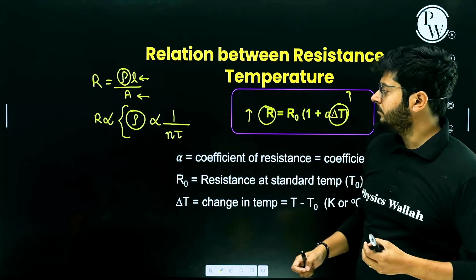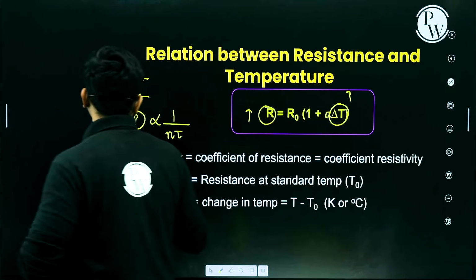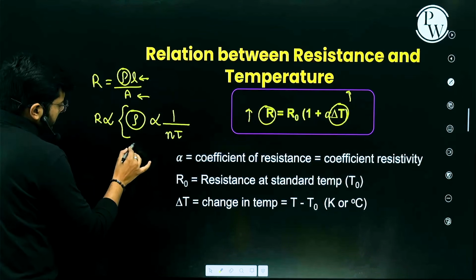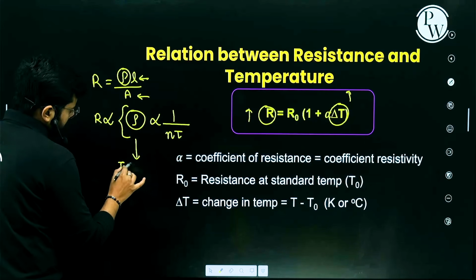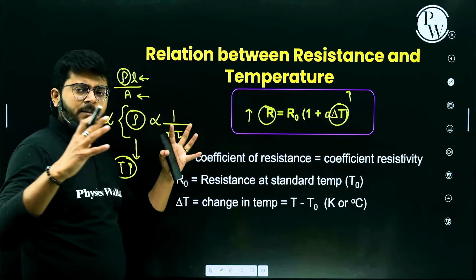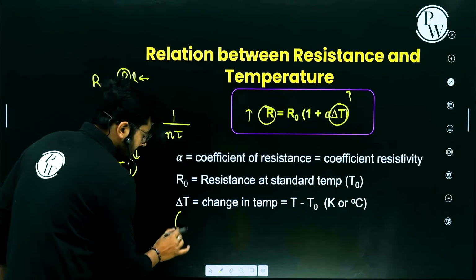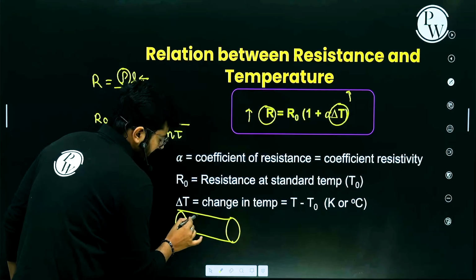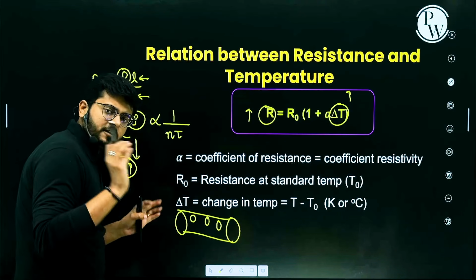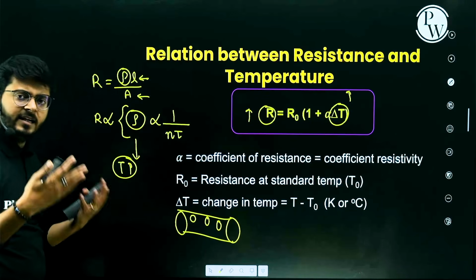Now you see that when you increase the temperature, two things happen. This is a given conductor. In that conductor, there are a lot of atoms, and when you increase the temperature, you're giving heat energy.